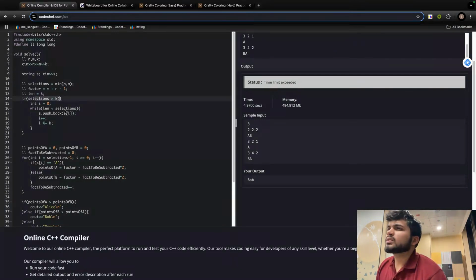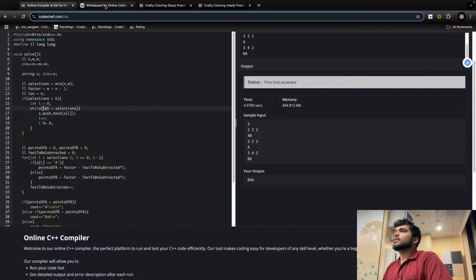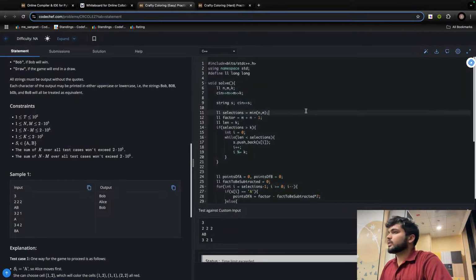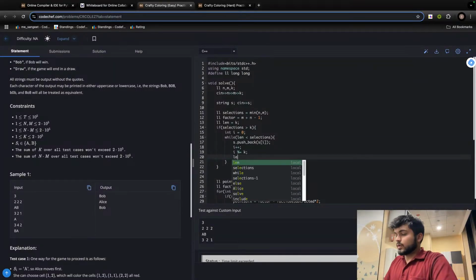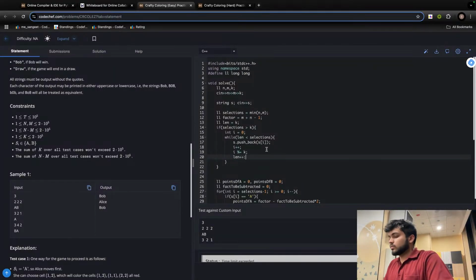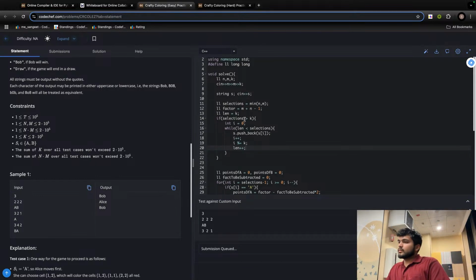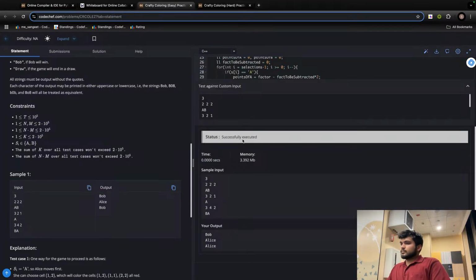If selections is this, yep, this was the thing that was wrong. So we need to update the length of the string. Sorry for that. Bob, Alice, Alice. Okay, the third one is wrong. Let's try them. 3 4 2 BA.